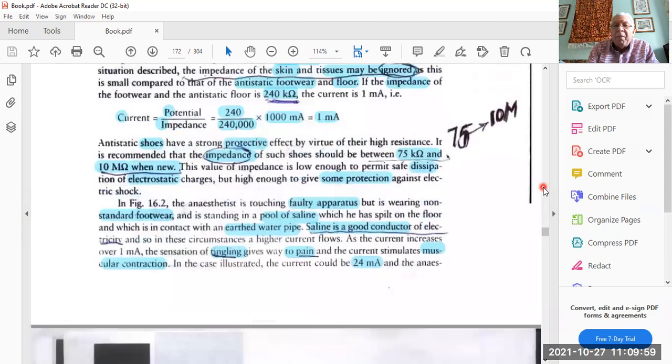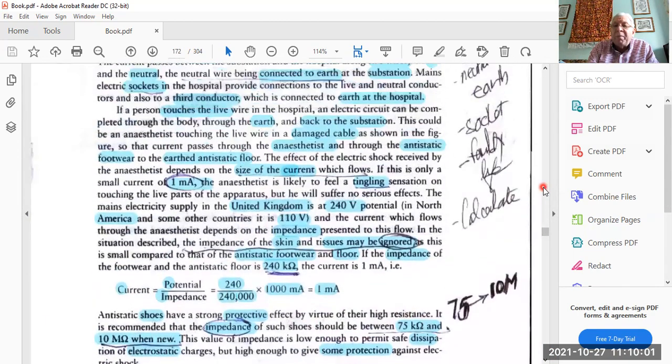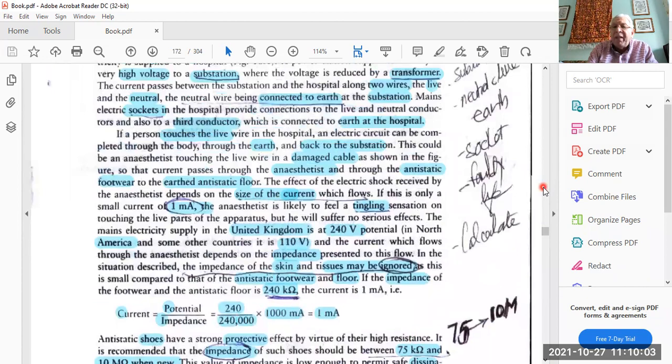Whenever I want to measure the amount of electricity that I may be affected by, I consider first of all that the resistance of the skin and the tissue is very minimal. It's around 100 ohms. But the resistance of the floor and the footwear is much bigger than that.